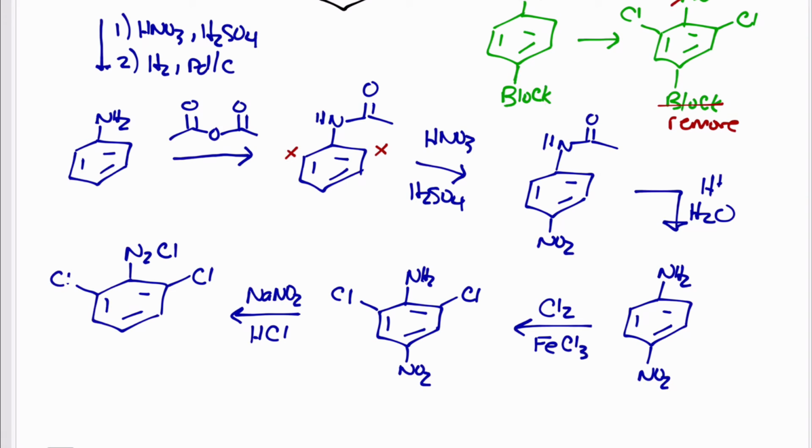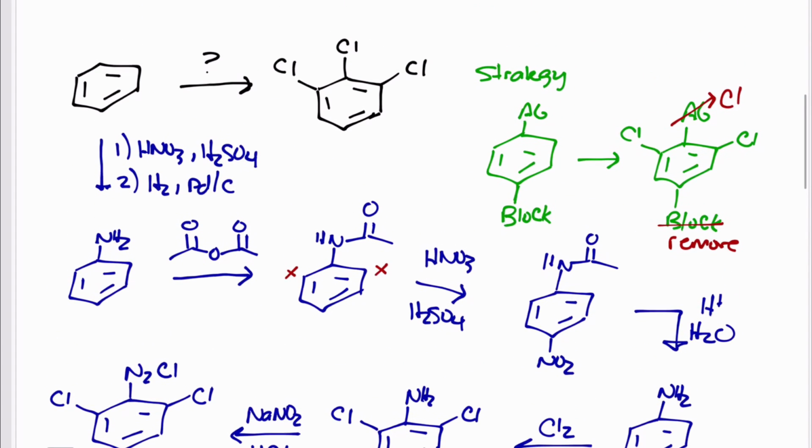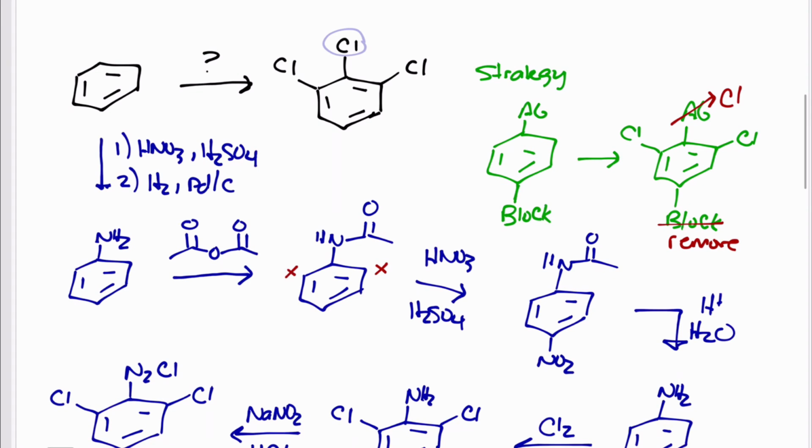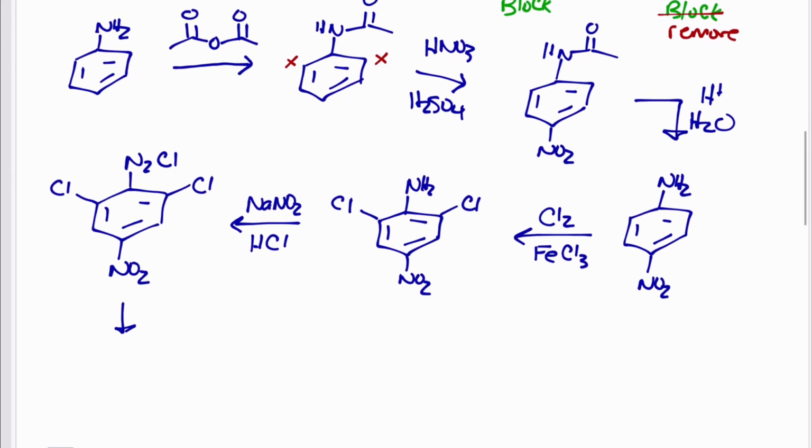And now, if we want a chlorine, so if we look back at our starting material and our product, we want a chlorine at that top position. So let's use the diazonium ion and add copper chloride to convert that to a chlorine.